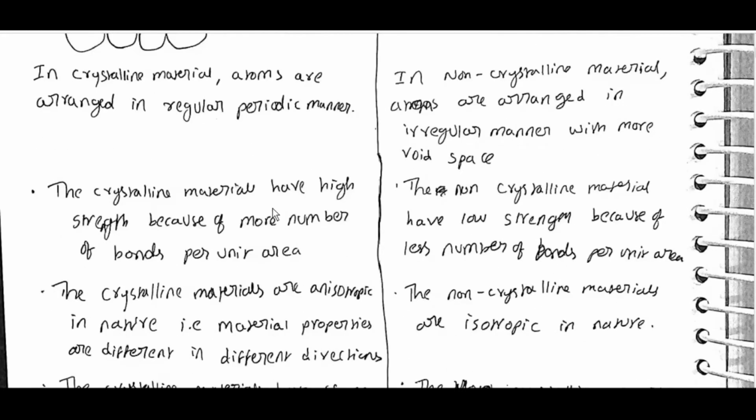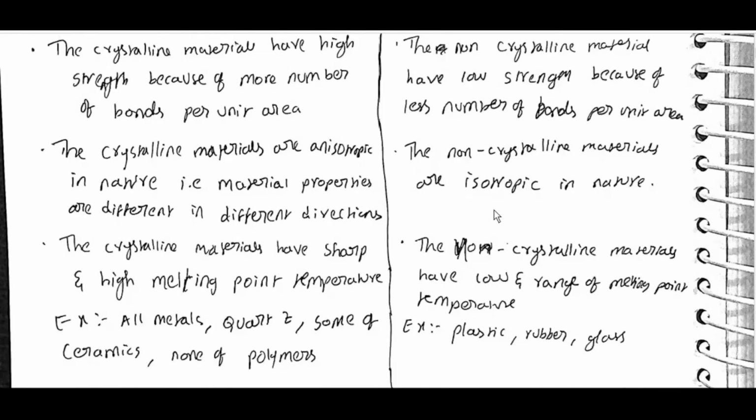The crystalline material has high strength because of more number of bonds per unit area. The non-crystalline material has low strength because of fewer bonds per unit area. The crystalline material is anisotropic in nature, that is, material properties are different in different directions. The non-crystalline material is isotropic in nature.